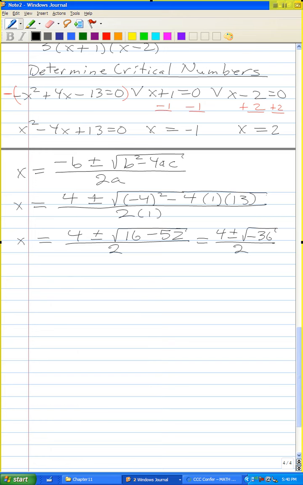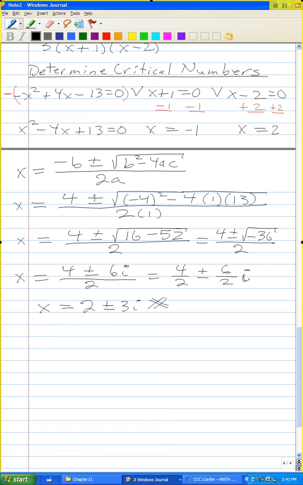The square root of -36 is 6i. So let's divide each of these by 2. And so I get x is equal to 2 plus or minus 3i, but it doesn't really matter. I can't have a complex root, and so I'll just get rid of that.